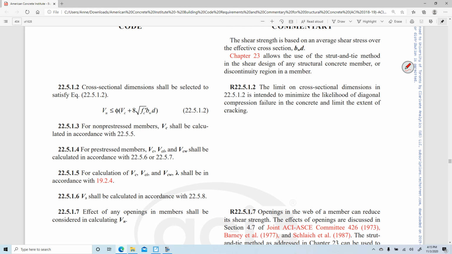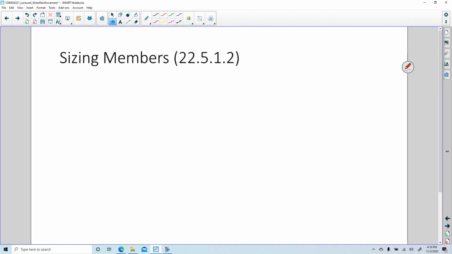Cross-sectional dimensions shall be selected such that your shear, right, your b_w d, let's see, V_u, right, this is page 402.